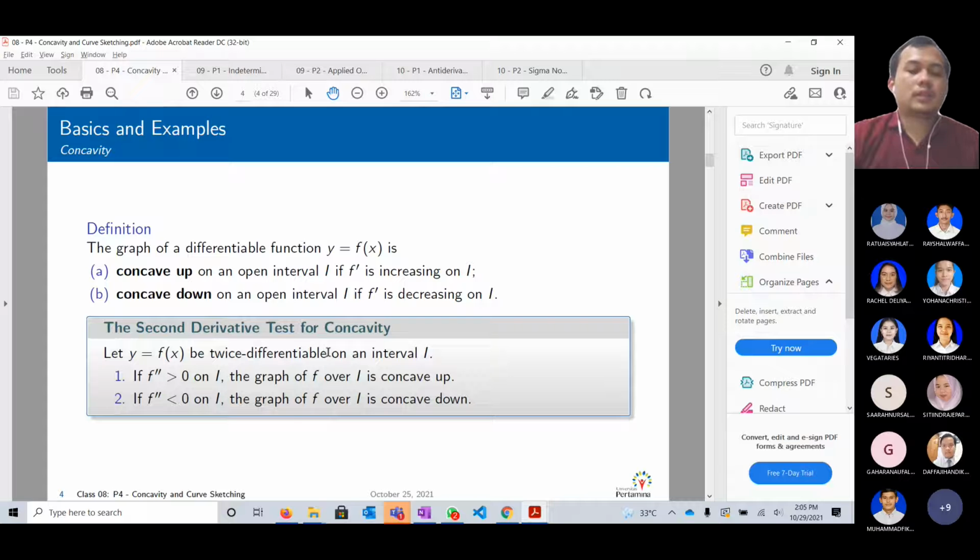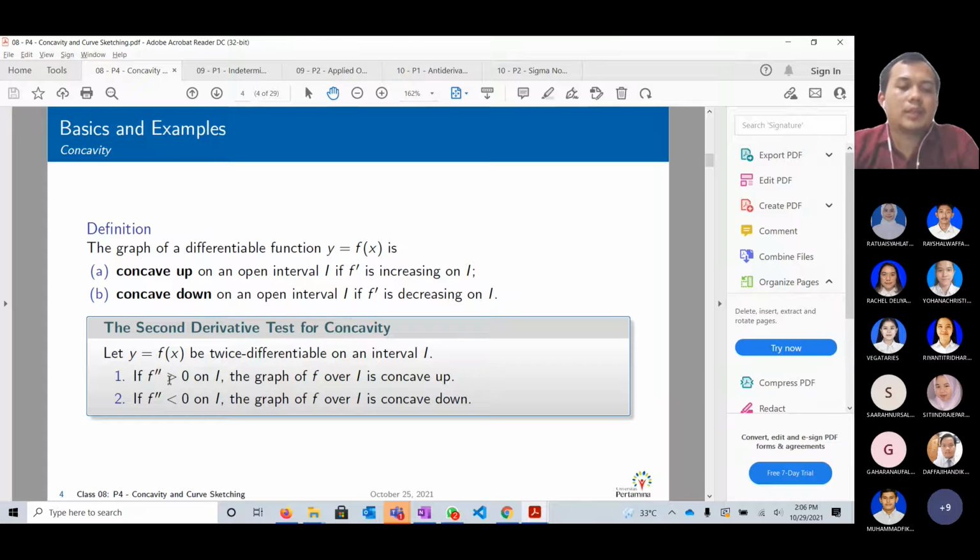How to check the concavity? In this case we can use the second derivative test. So basically, we find the second derivative, the derivative of f prime. So we have f double prime here.